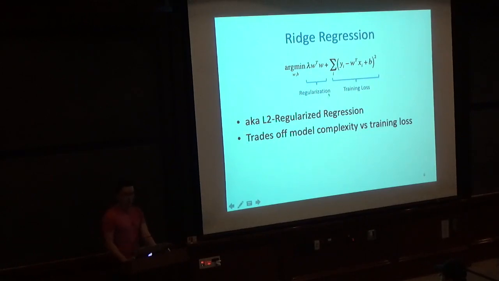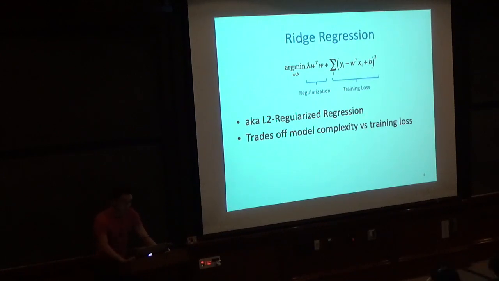This other term that I've introduced is called regularization. And it's a way of characterizing complexity of the model class that we're optimizing over. So the smaller this regularization term is, the quote unquote simpler the model class is. And I'll make this a little bit more concrete in a few slides. And so what we're doing here in this training objective is we're minimizing a compromise or a trade-off between model complexity and training loss.